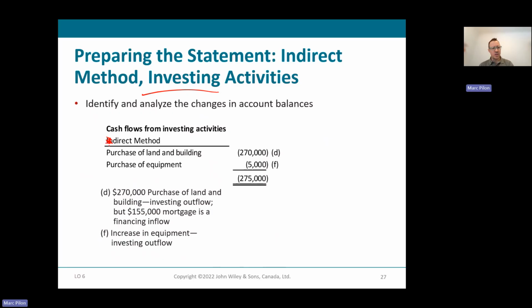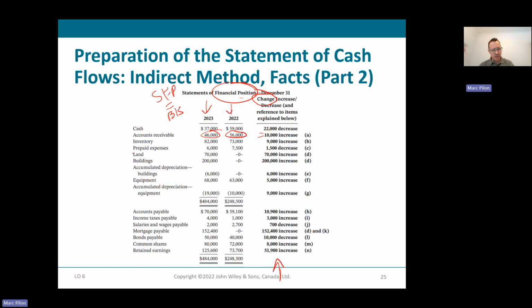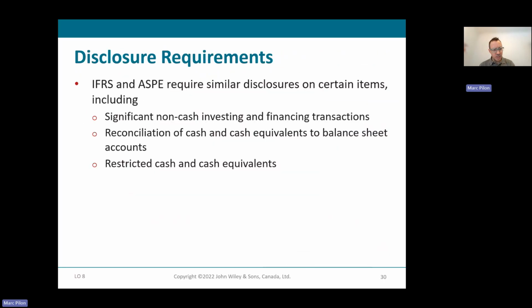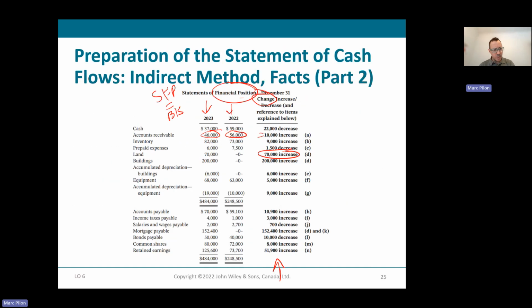It's always the direct method. So this, you could ignore that. I purchased land, which is land increased by 70,000. So part of that is land, 70. And then buildings here, 200.